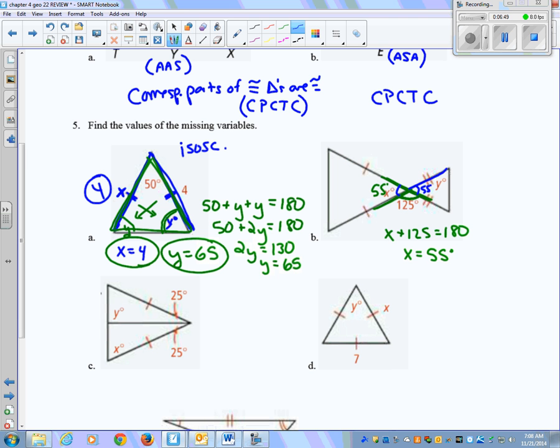And since this triangle is an isosceles triangle, the angles across from those two sides are congruent. So this would be y as well. So again, you have 55 plus 2y equals 180. And then when you solve for y, you get 62.5.